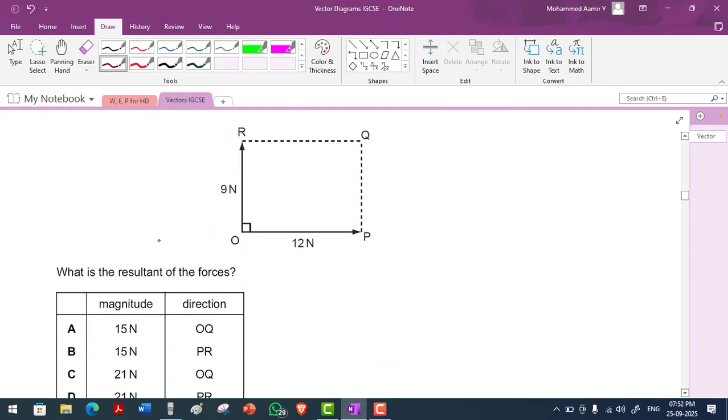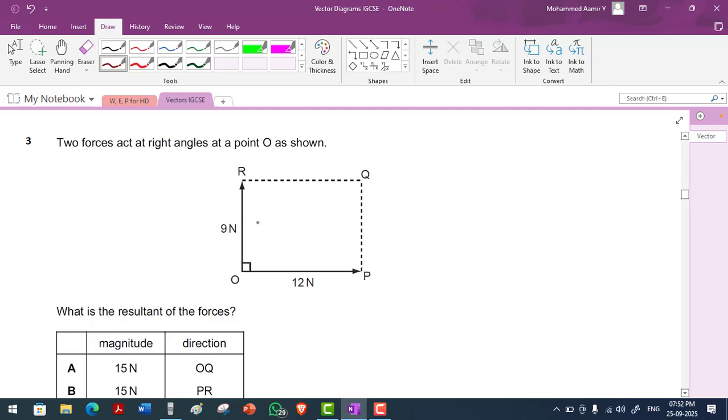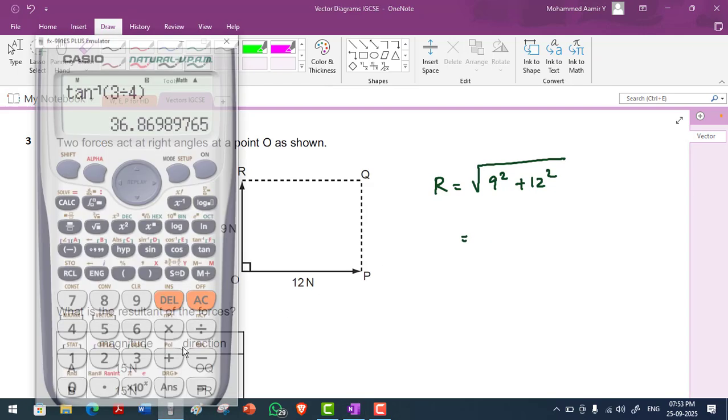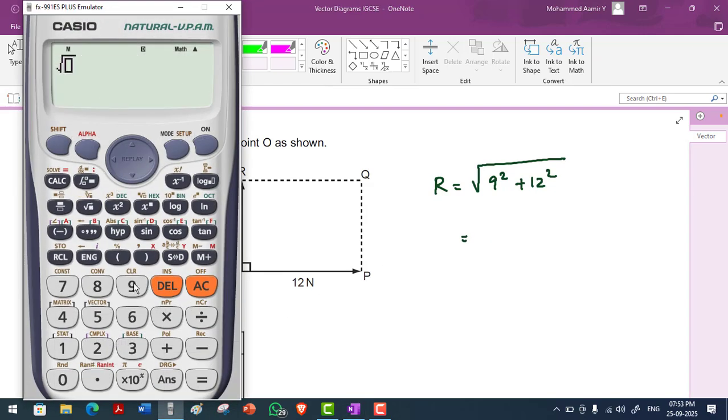Yes. Next question. I have two forces, one is 9 Newtons, other 12 Newtons. What is the magnitude of that? For magnitude, I will use Pythagoras theorem as I said. So R will be equal to root of 9 square plus 12 square. If I use the calculator, that will be 15.